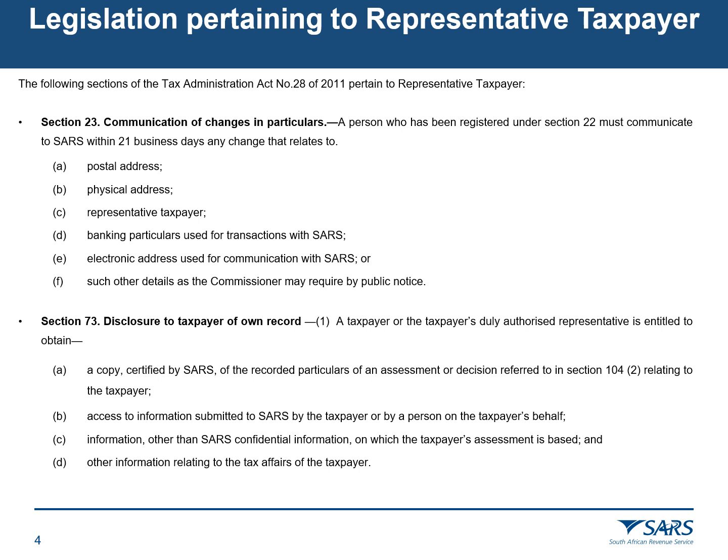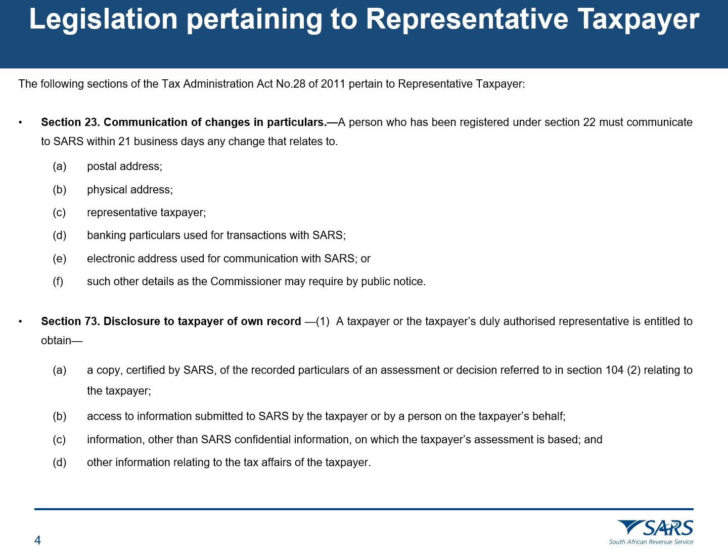A person who has been registered under Section 22 must communicate to SARS within 21 business days any changes that relate to postal address, physical address, representative taxpayer, banking details used to transact with SARS, electronic address used for communication with SARS, or such other details as the Commissioner may require by public notice.